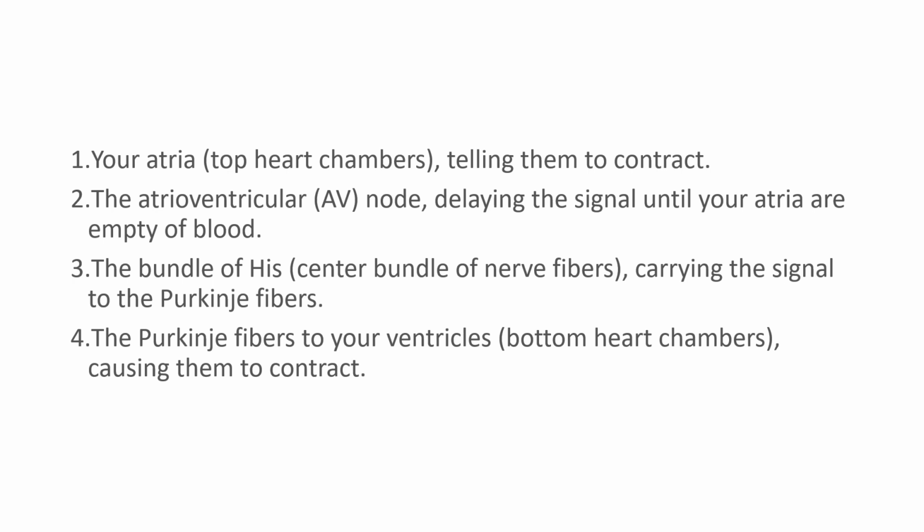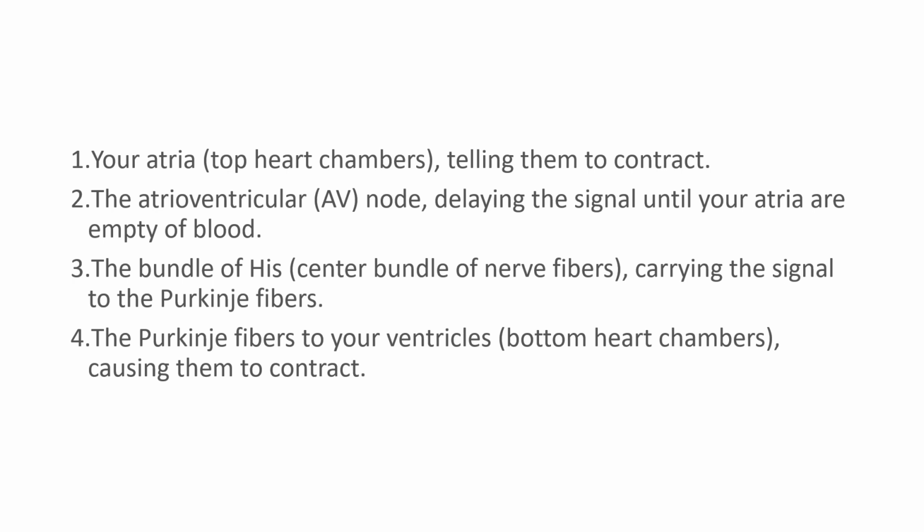Your atrium, the top chambers, are told to contract. The atrioventricular node delays the signal until your atria are empty of blood. The bundle of His is the central bundle of nerve fibers carrying the signal to the Purkinje fibers. The Purkinje fibers go to your ventricles, the bottom chambers, causing them to contract.